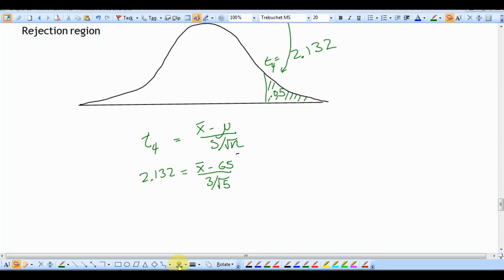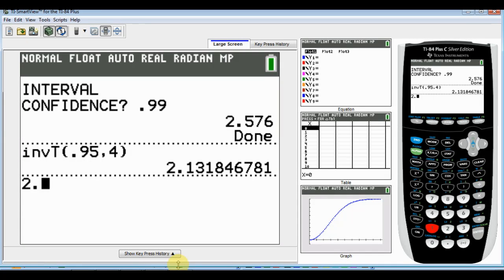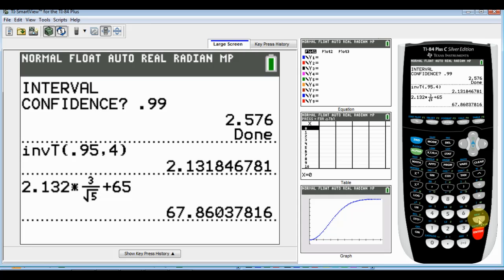Okay, so let's go back to the calculator. 2.132 times 3 over root 5 plus 65. 67.86.